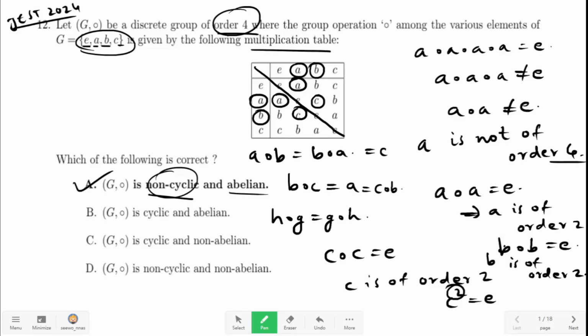In the first row, third column you have B, and in the third row, first column you have B. So there is symmetry. You can see here is C, here is another C, here is A, here is another A, here is B, here is another B. There is symmetry across the diagonal. That's the property of an abelian group: in the multiplication table, there is symmetry across the diagonal. That's it for this session. Thank you.